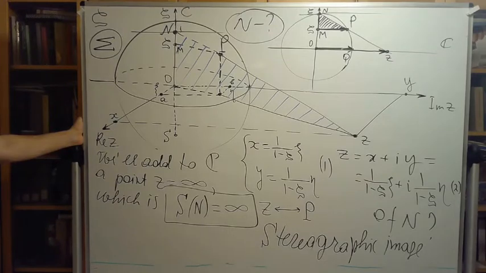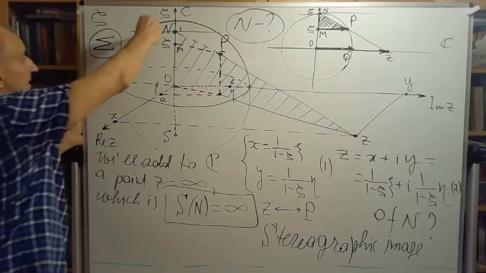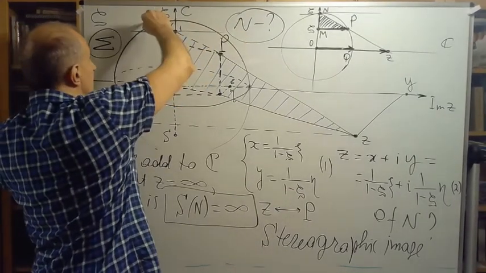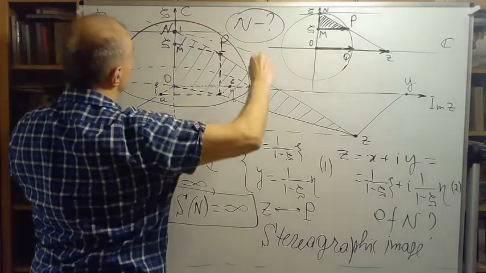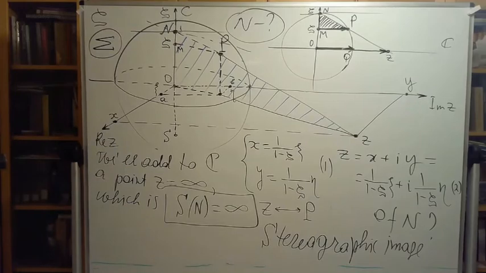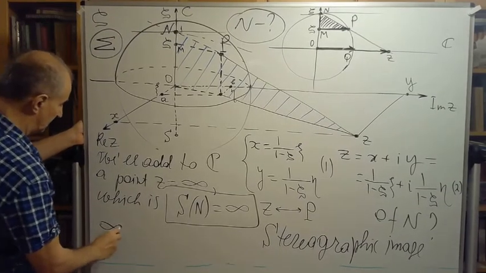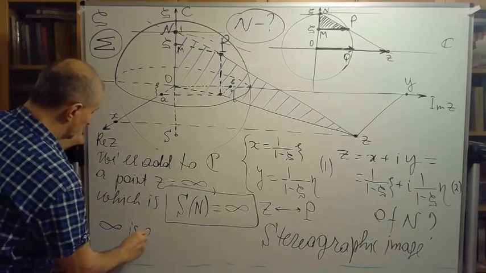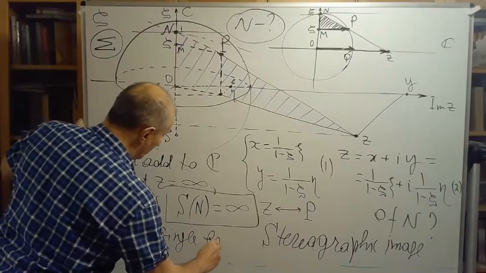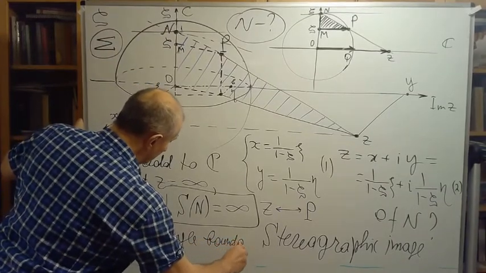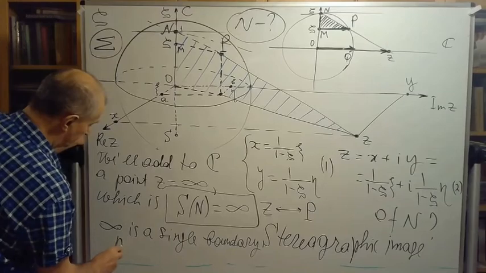That's our definition of the point called infinity. So, if we draw another horizontal line, we will get another point at infinity? No, we need exactly one image for stereographic projection. So infinity is a single boundary point of the complex plane.